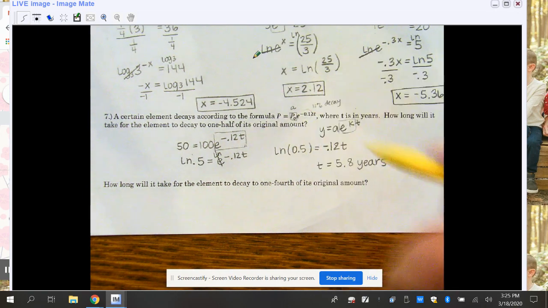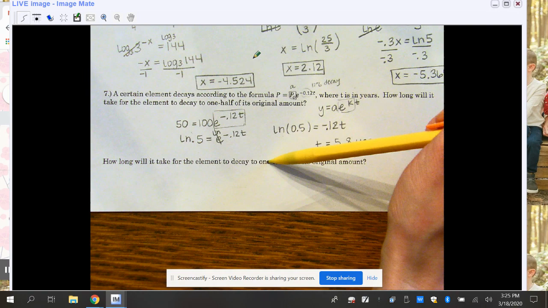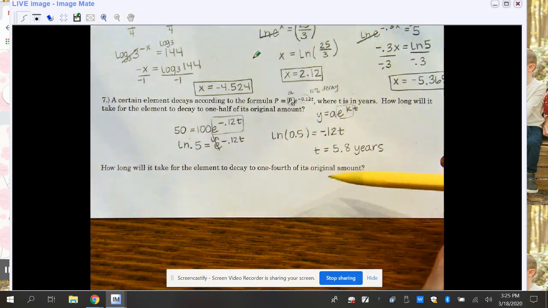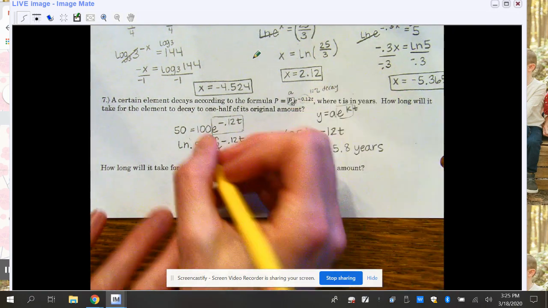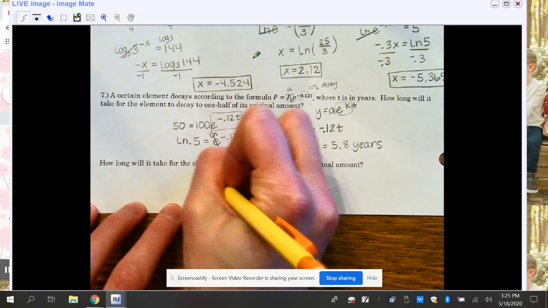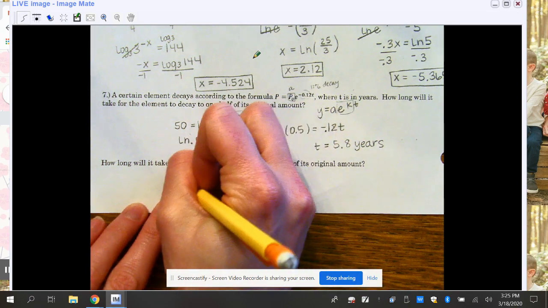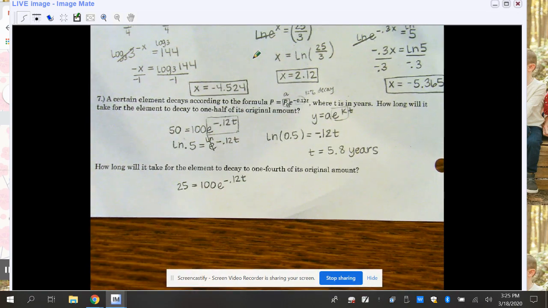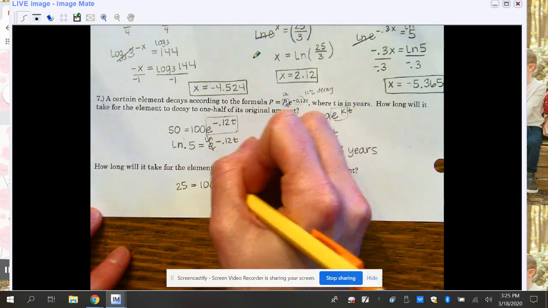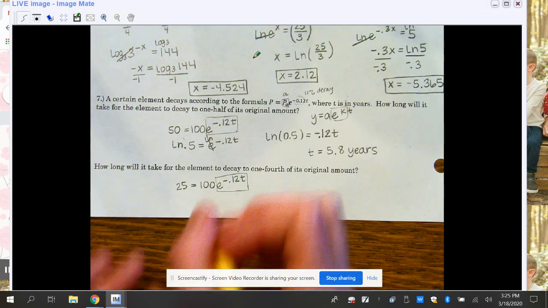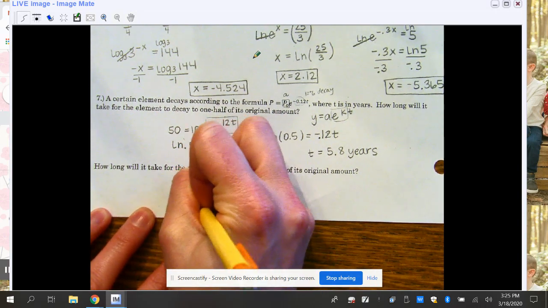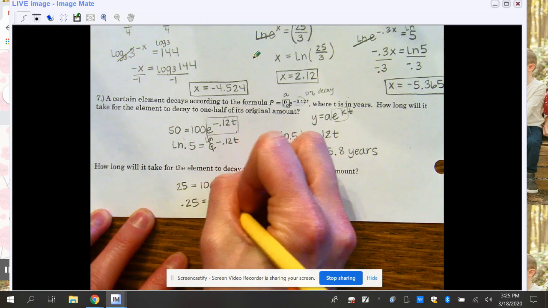Okay. So we're going to do the same thing here. My final amount is just going to be 1/4 instead of 1/2. So if I start with 100 again, 1/4 of 100 is 25. And this is the same scenario. It doesn't matter what you make your initial value, because no matter what, your first step to get that exponent by itself is always going to be to divide. So you should always get 1/4 when you divide your initial value.